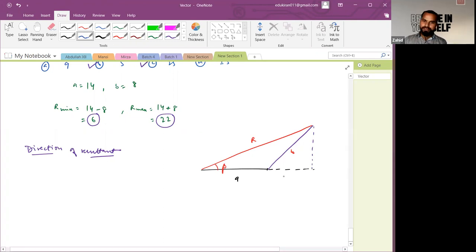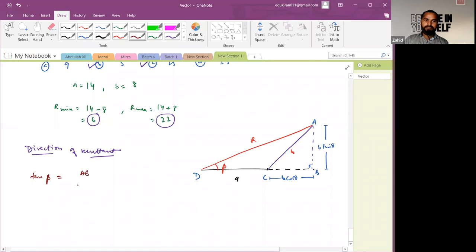We had calculated this particular term as B cos theta from this point to this point, and similarly this term as B sin theta from this point to this point. So this is A, B, C, and D. Now we have to calculate the direction of resultant, which means the inclination of resultant with respect to A. So tan beta is equal to perpendicular over base.